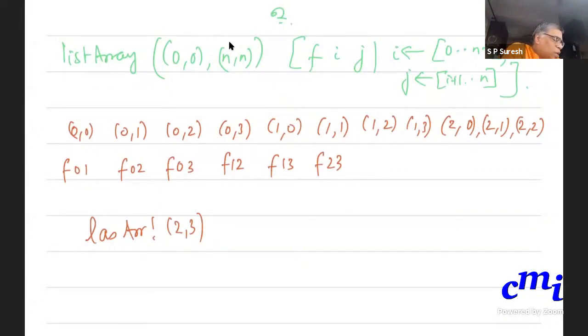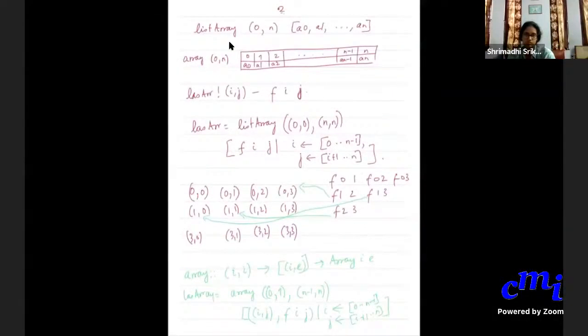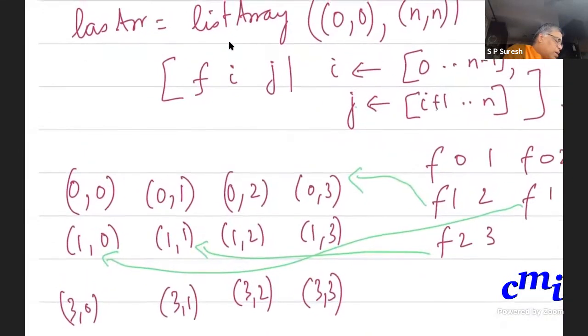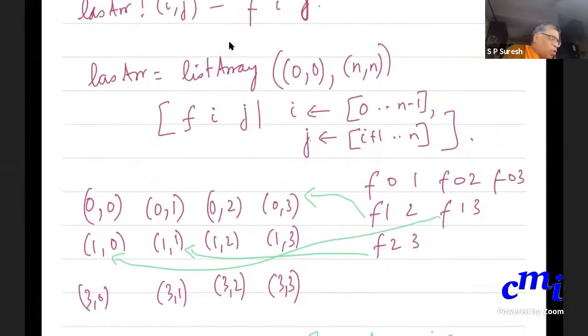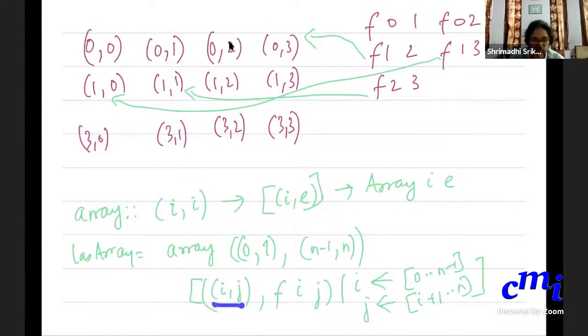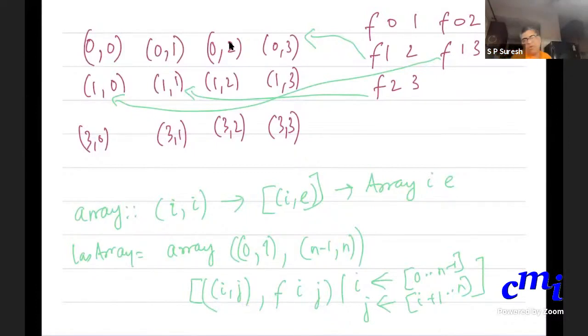That is what I mentioned previously. See this array function: you take a lower bound for the index, upper bound for the index, and then index comma value pairs. This is the index, that is the value, and you give them in a pair. So you either do this or do that.